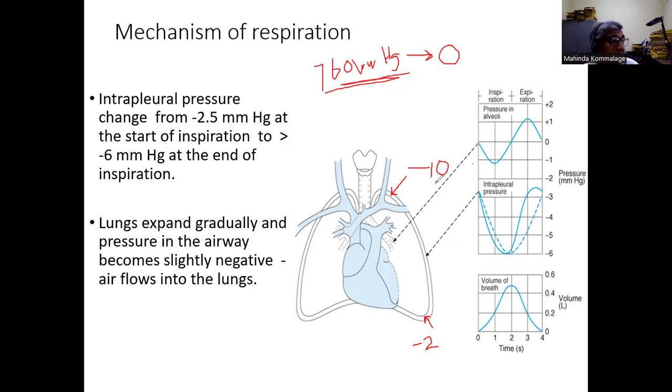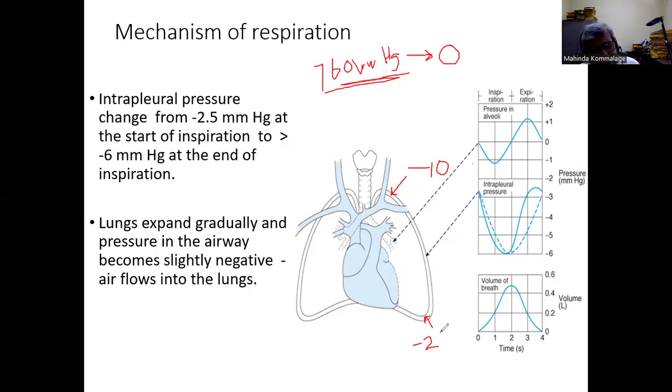So more minus means less pressure, right? So don't get confused, I will try to explain, otherwise this value might confuse you. So here -2 and here -10.